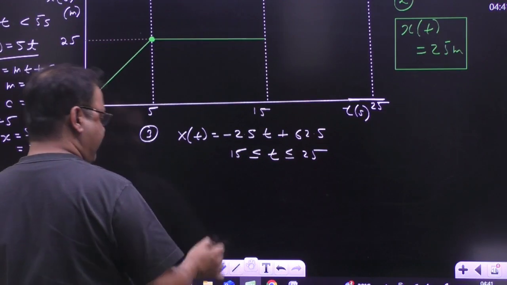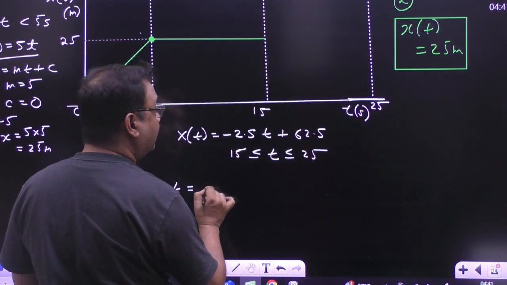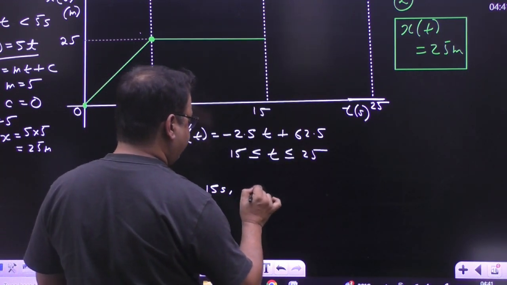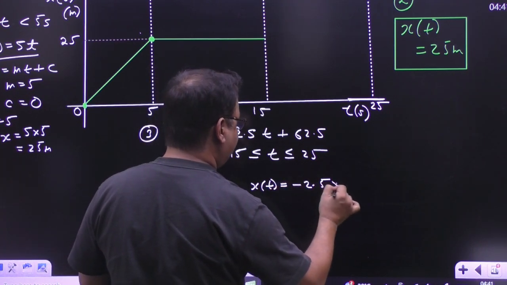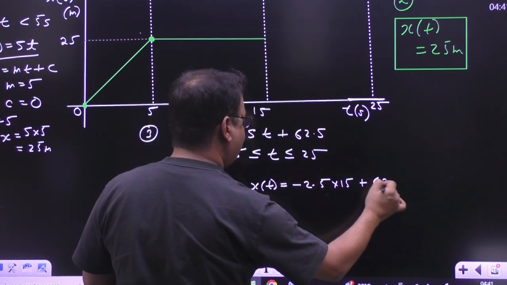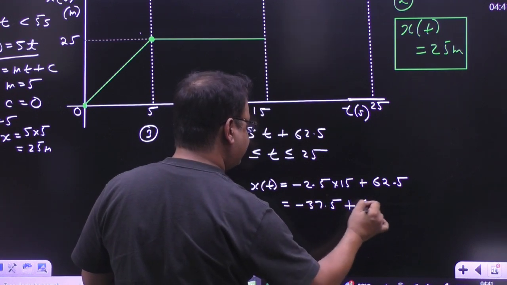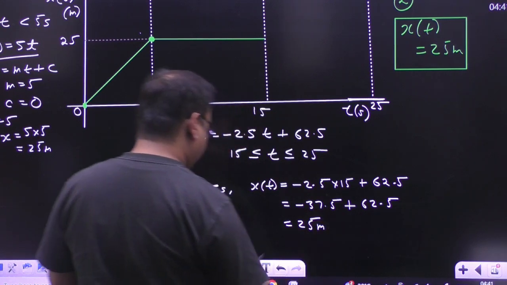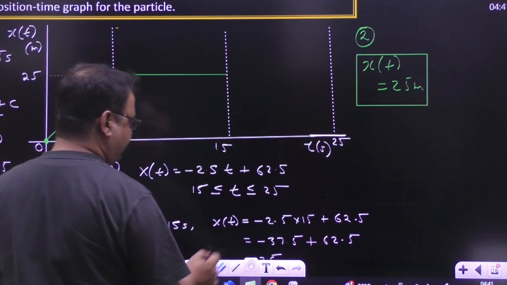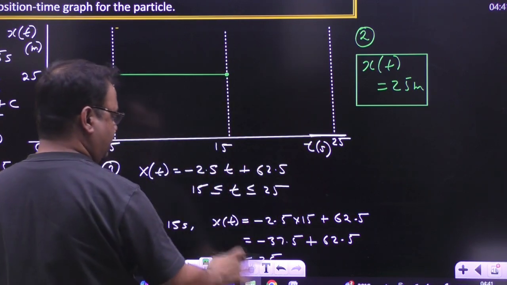The first value is 15 seconds, so here I can find x as a function of time. I'll get minus 2.5 into 15 plus 62.5, so minus 37.5 plus 62.5, which gives 25 meter. So my graph will start from this point.